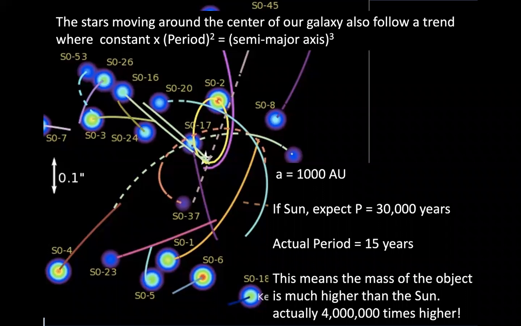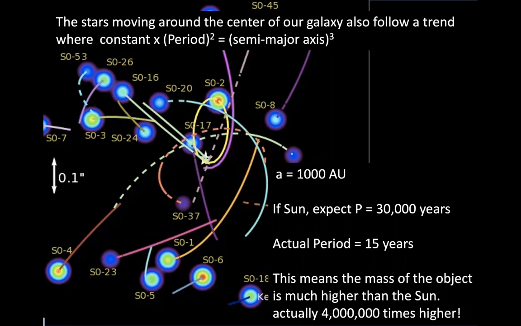This is extremely valuable because it allows us to figure out the masses of objects far away. Let's go back to this thing in the center of our galaxy. This orbit for this star has a semi-major axis of 1000 AU.